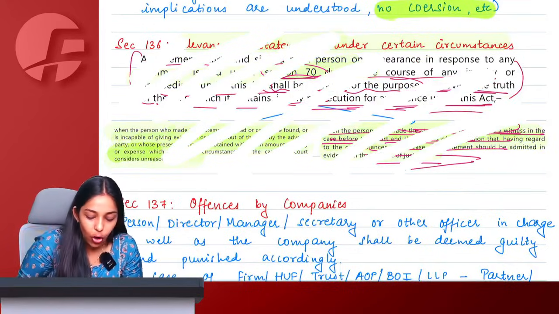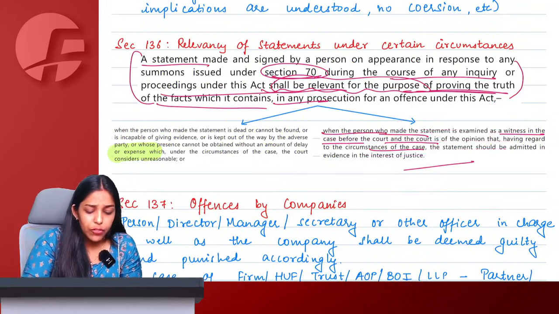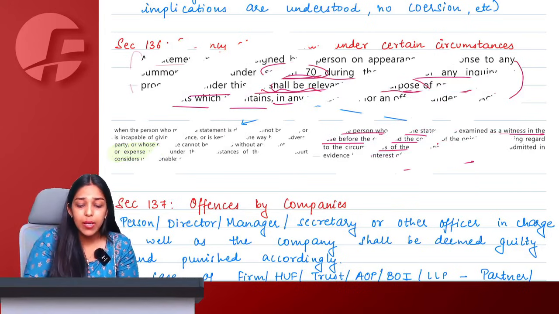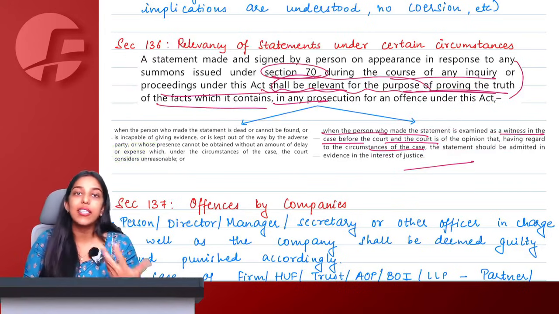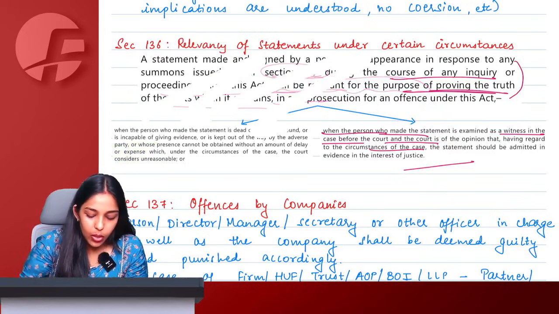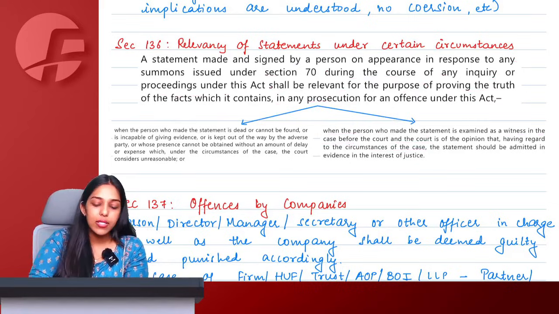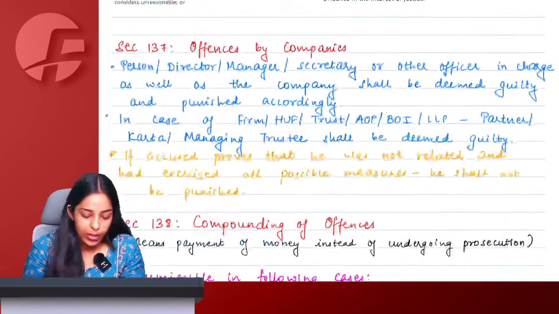Even if he died or is not found, still, if the court considers it unreasonable to admit something, then that's a separate thing. Otherwise normally the court will assume what the person said when he was summoned to be true. Again, not very important for examination.